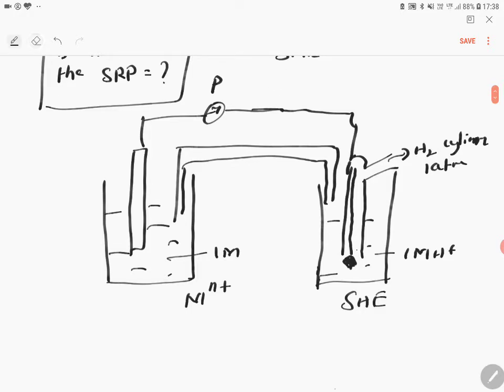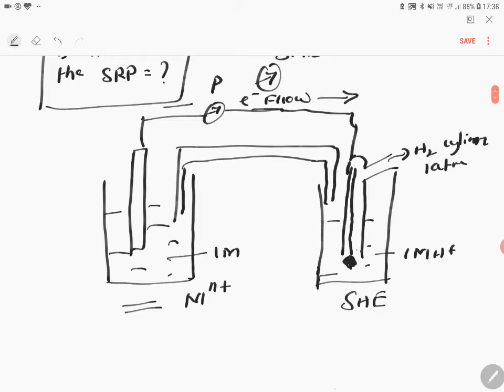See the diagram I have given, the direction is like this, which means electron flow is taking place from this particular metal compartment to the SHE. So this is the direction of electron flow.